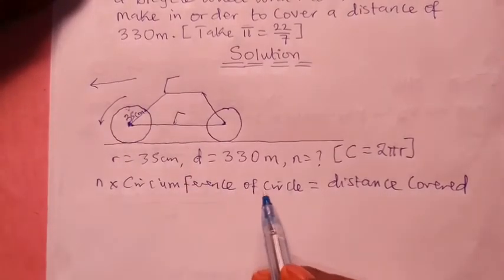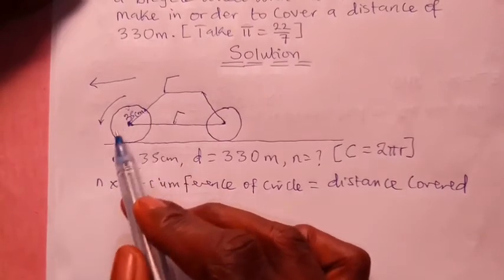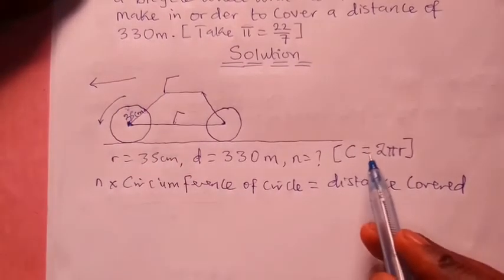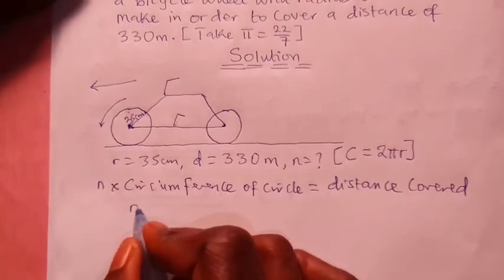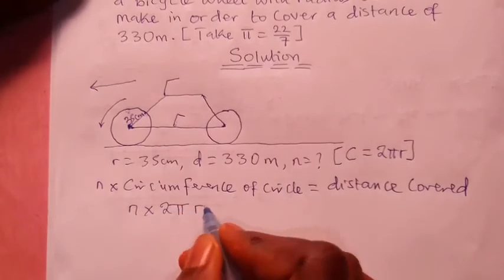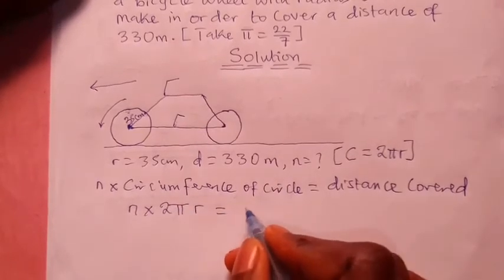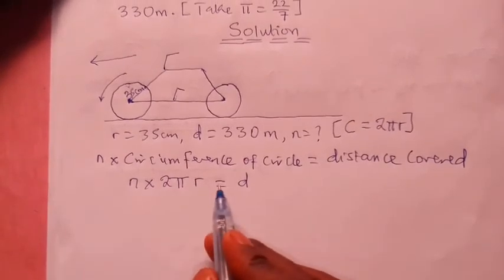The circumference of the circle is the distance around the circle, because it is the distance around the circle that goes round, and the formula for it is what? 2 pi r. So which means we are going to come here to say n multiplied by 2 pi r to become the distance d. Alright, so what we do here now is to slot in all the values that we have.